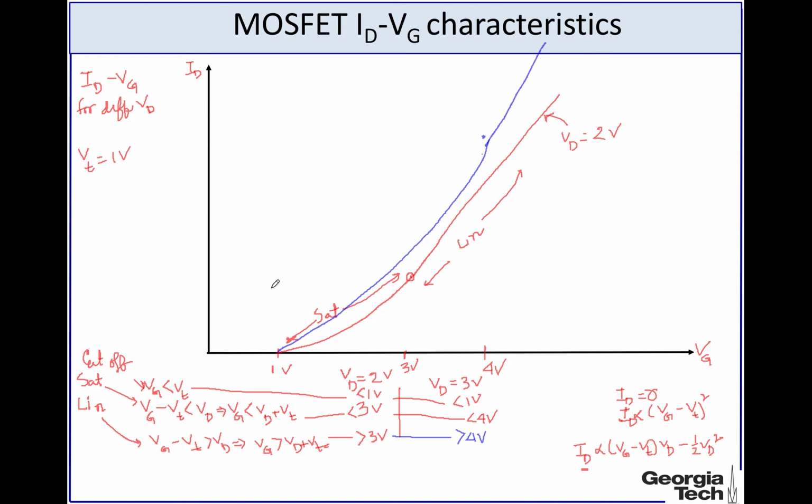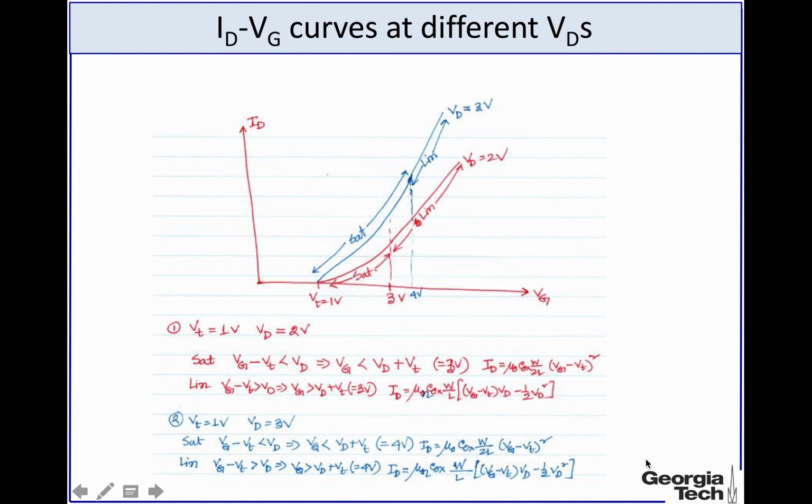So for Vd equals 3 volts, the MOSFET will be in the saturation region between 1 volt and 4 volts, and in this region the current will be a quadratic function of Vg minus Vt, and above 4 volts it will be in the linear region, which means that in this region the current will be a linear function of Vg minus Vt. Okay, so we have plotted the same curve over here. Great.